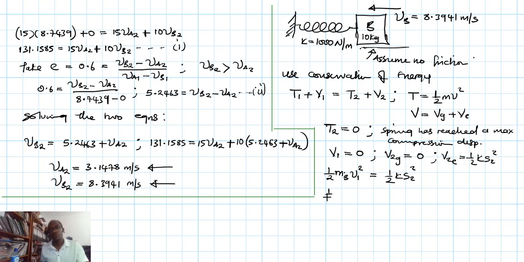So we have half, this is 10, right? And our v here is 8.3941 squared. This is equal to half times 1,000, and then we have s2 squared.